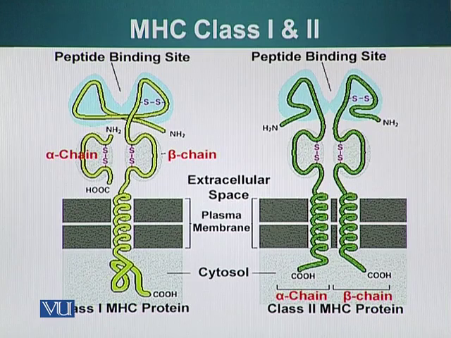The alpha chain of class 1 MHC proteins is a small peptide which is only present in the extracellular region of the cell. Also, the N-terminus of these proteins is present in the extracellular space. Here you can see the grooves. These MHC proteins form grooves on which peptides can bind. These peptides can be foreign or self in origin.